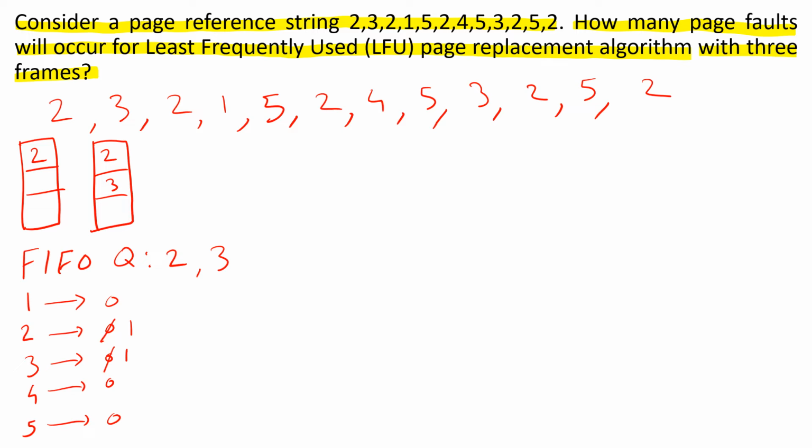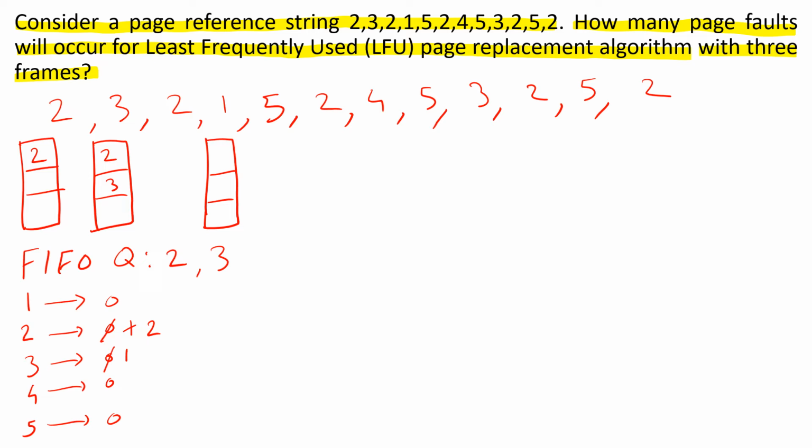Now we need page 2. Page 2 is already there, so no page fault, we can simply use that page. But since we are using page 2 again, its reference count is incremented by 1, so it becomes 2.